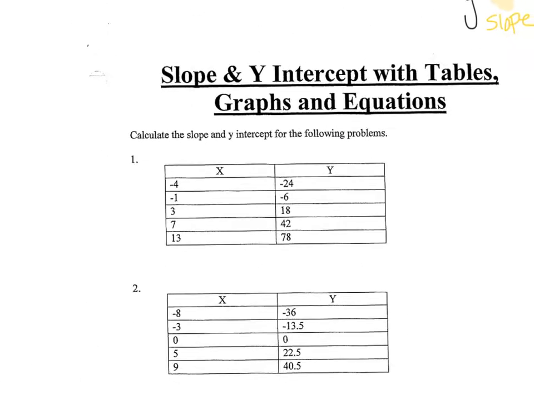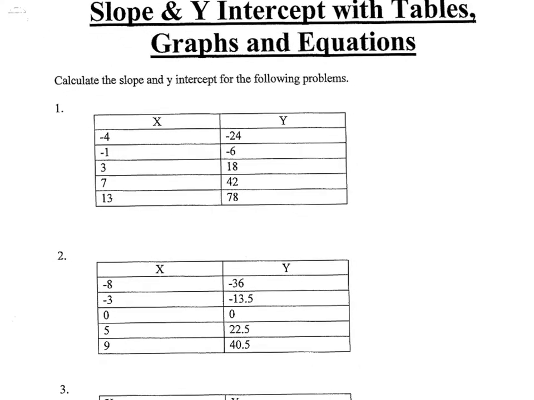And so for this part, remember, to find our slope, we have to use the slope formula, which is y2 minus y1 over x2 minus x1.